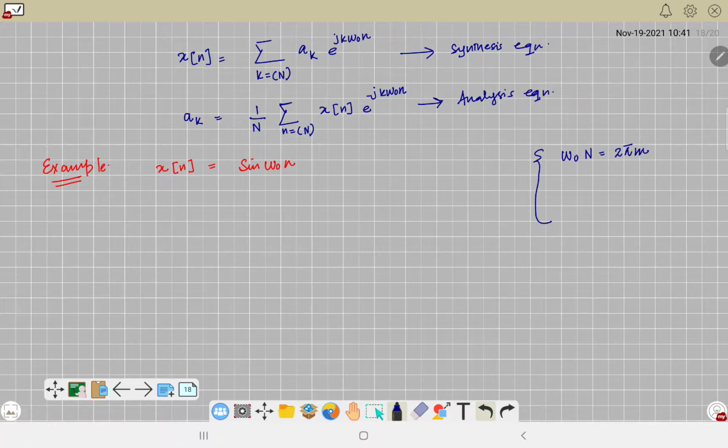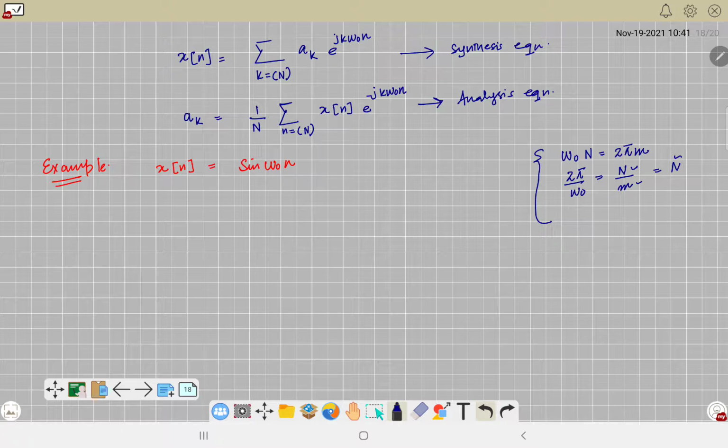And I can say that if I arrange it slightly, 2 pi by omega naught is equivalent to capital N by small m. Now this is the ratio of two integers. A ratio of two integers can either be a ratio or it can be another integer, say N tilde. Like for example, N is 6, m is 2, 6 by 2 is 3, which is a pure integer. But then there can be a case where you can't resolve the ratio. For example, 7 by 3, you can't have an integer for that.